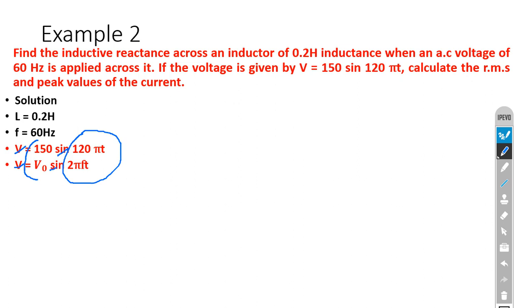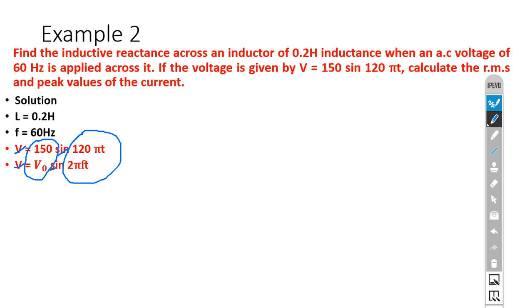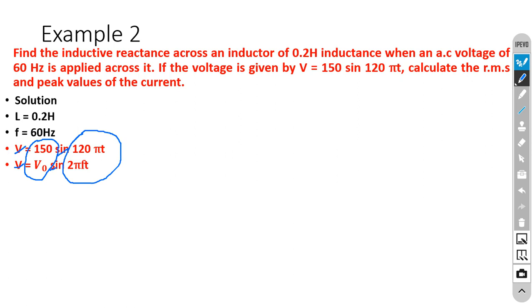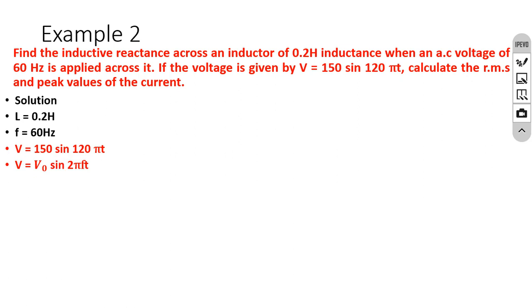This and this is also compared, so you see that V0 here is 150, so I've been able to see the value of my peak voltage. So peak voltage, when we compared, we had V0 equals to 150 volts, so it's written there, is given.